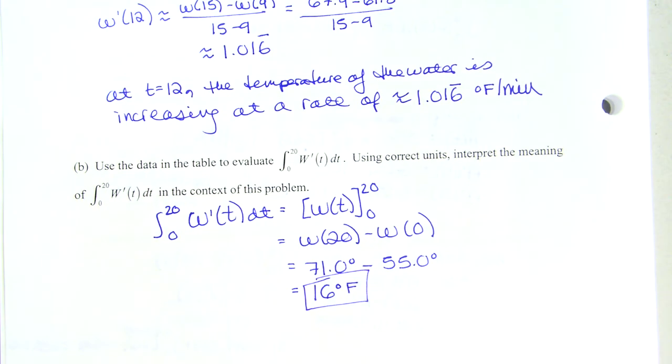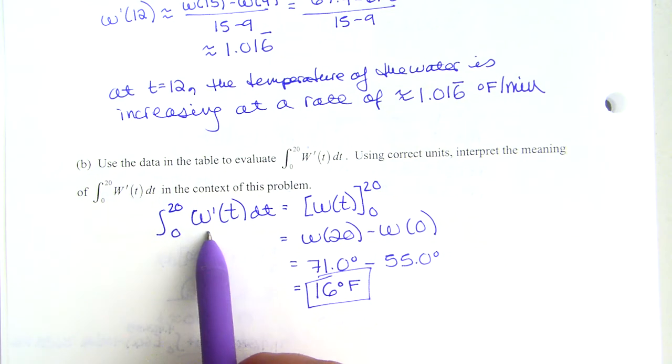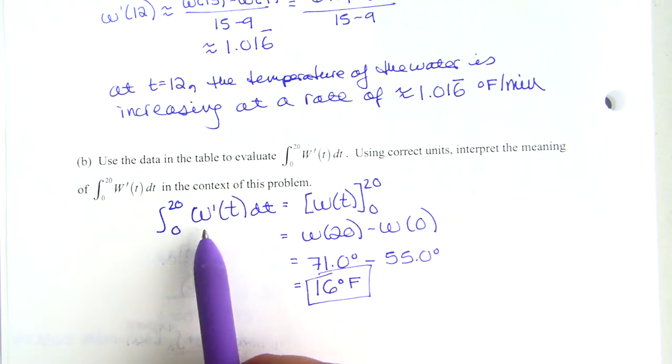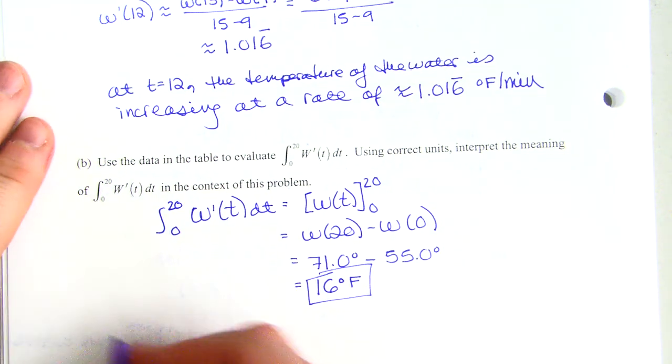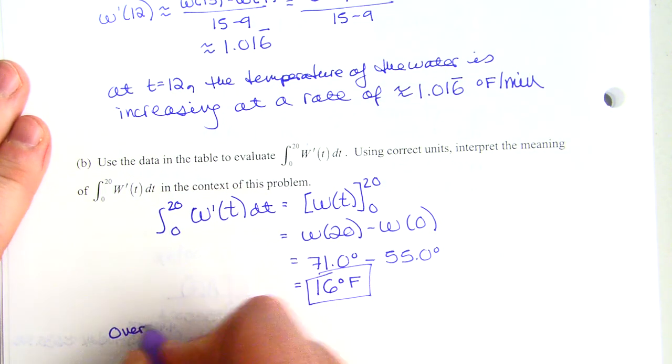Well, what is this? I think this is just the change in the temperature. W prime is the rate of change in the temperature. You integrate that, you get the net change in temperature between time 0 and time 20. The explanation will need to refer to those times.